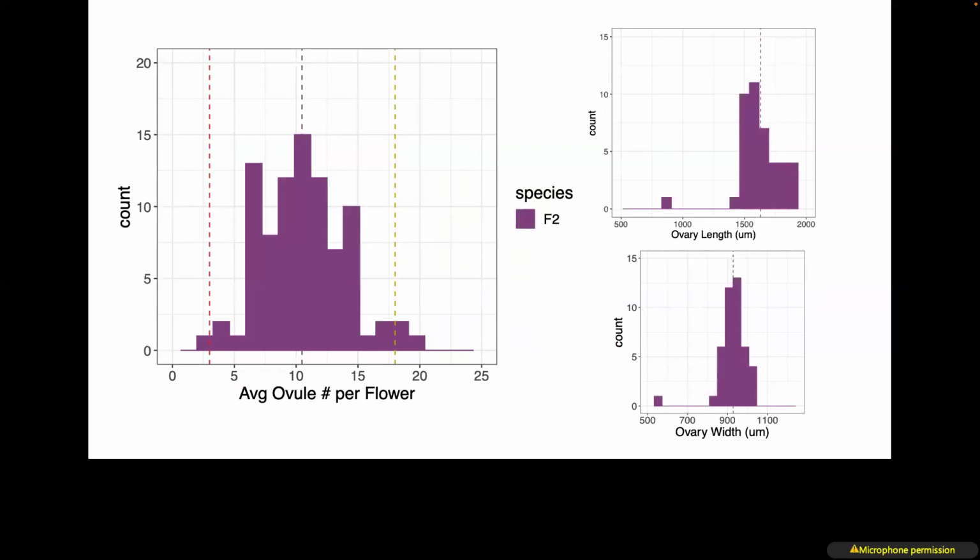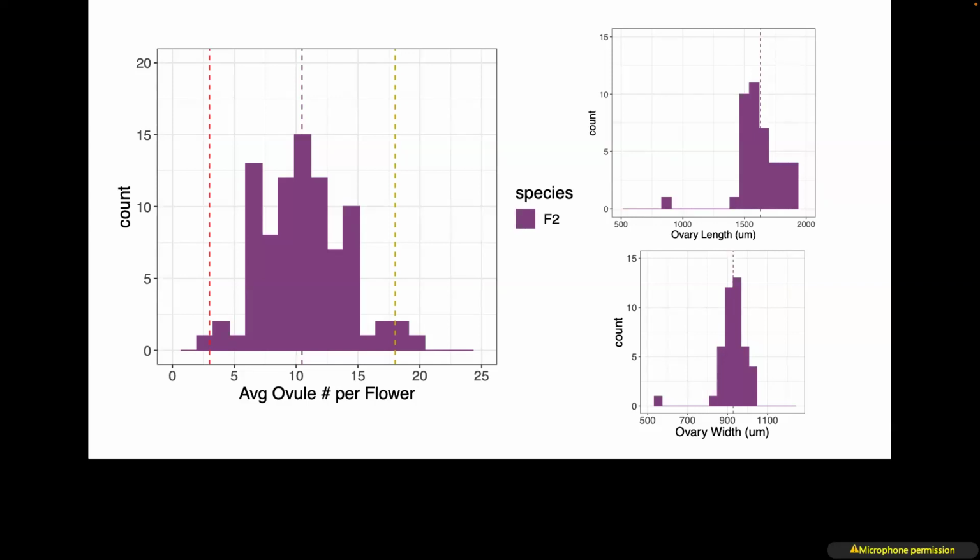And again, something that I'm very interested in is understanding ovule packaging within this group. What I'm showing here is just the distribution of ovule number within the F2s. On the left part of this graph is a red line that represents 3 seeds per fruit. So that is again our drummondii phenotype. And on the right part of this graph is the yellow line that's representing roughly 17.5.